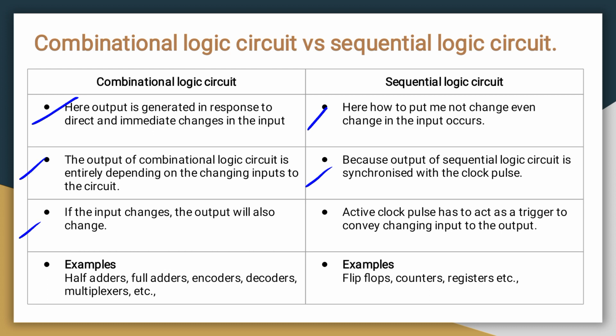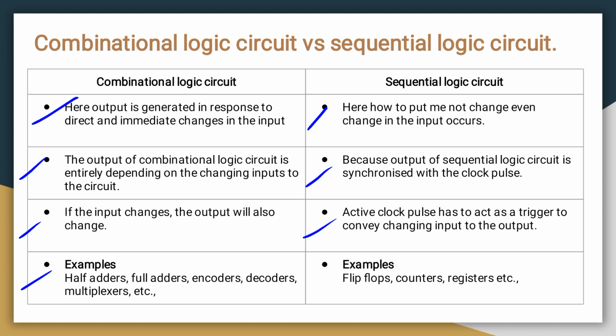Third, in the combinational circuit, if the input changes, the output will also change. Here, in the sequential circuit, the active clock pulse will change the output. All three differences I told you are similar in content, but they differ in a single word. Next are the examples.